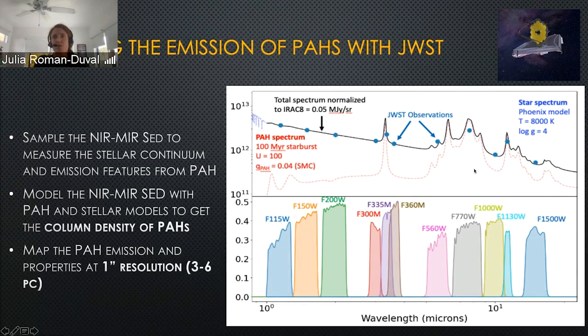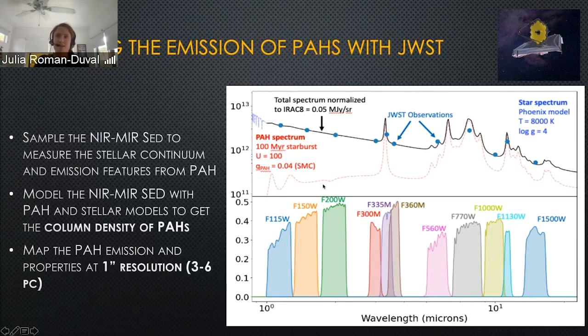And so, we'll be taking images in a bunch of those filters and hoping to map the properties of those PAHs. And I insist on the word map. We will not take single pointings. We'll actually be taking images. The spectrum here was made with models of PAH emission that were very recently released to the community. And of course, there will be some contamination by stellar emission, and we can account for that.